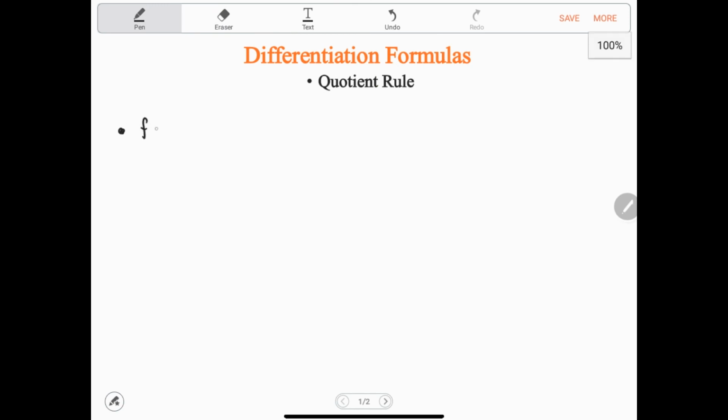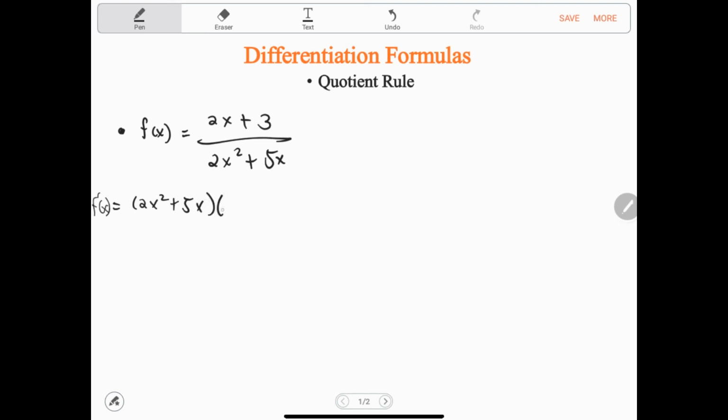Last example. If f of x is equal to 2x plus 3 over 2x squared plus 5x, let's find the derivative. So let's copy the denominator 2x squared plus 5x and then multiply it by the numerator's derivative.